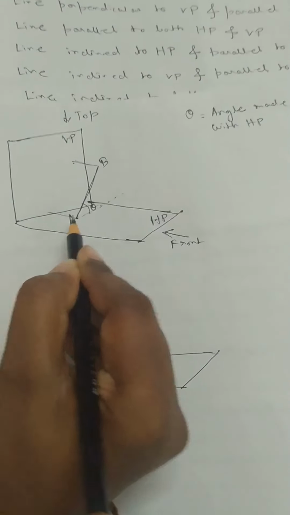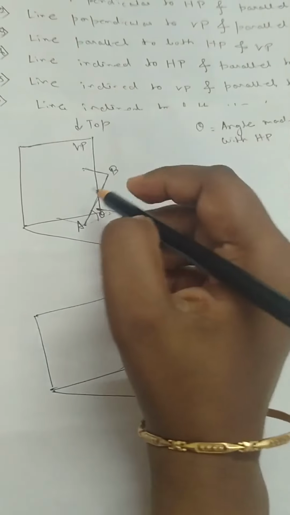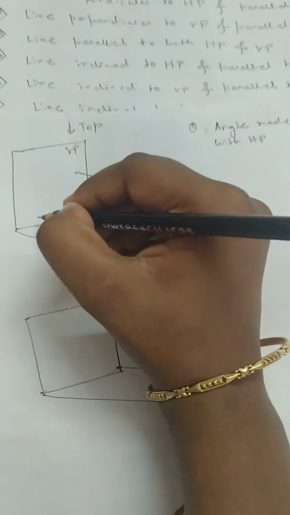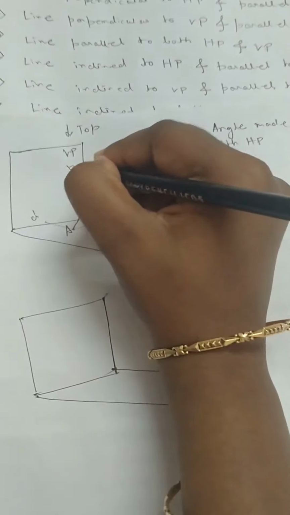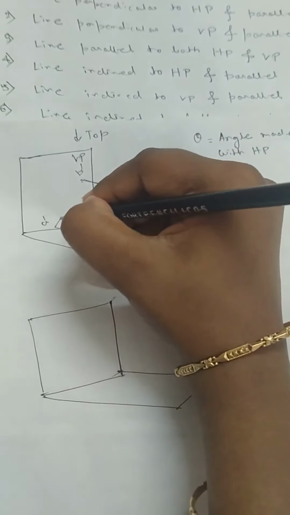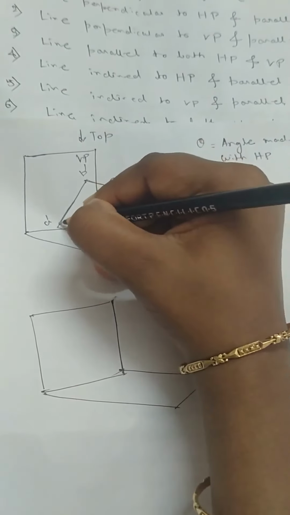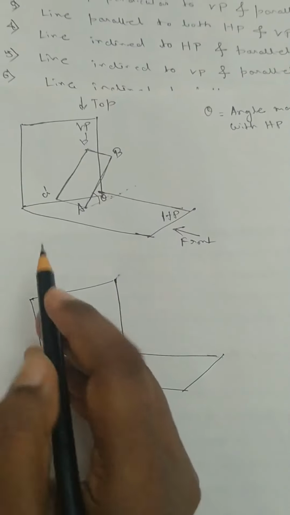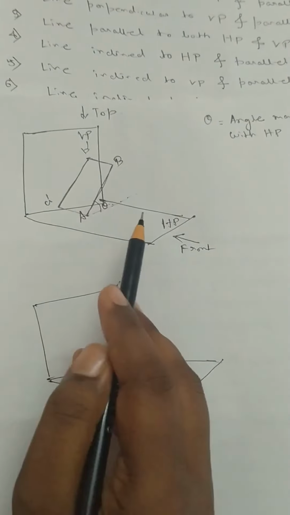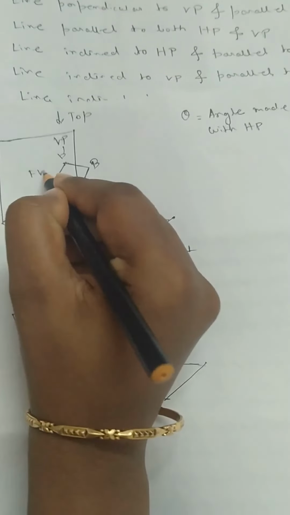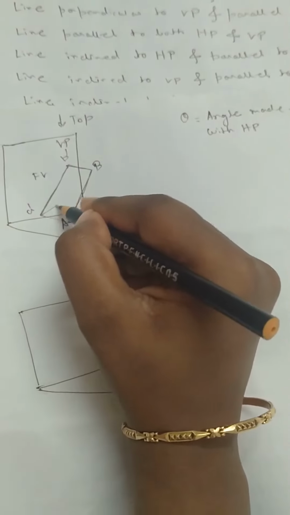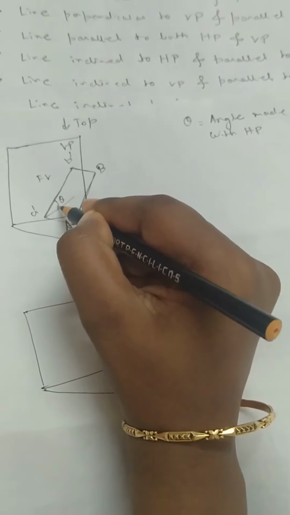So we are going to extend the line which will intersect the VP plane as A dash and B dash. So this will be our line. This will be our front view. So this angle is theta.